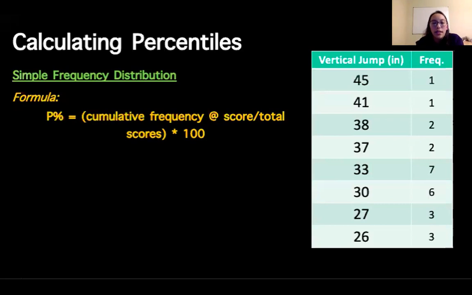But on your equation bank, you won't have this "equals" part. It would just say cumulative frequency divided by sample size, probably, times 100. And then you'd have to figure out that that's representative of a percentile calculation for a simple frequency distribution.